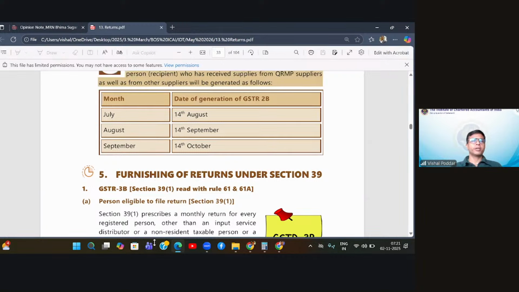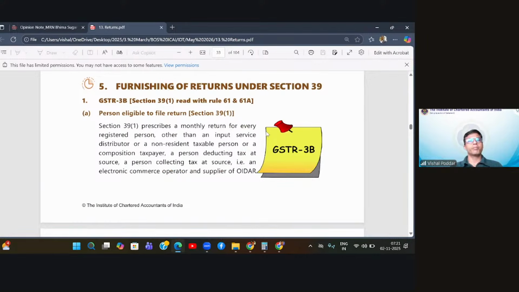Why is it getting generated on 14th? Yes, Geet, you have rightly mentioned, because the due date for QRMP is 13th plus the due date for ISD is also 13th. So in order to accommodate these two due dates, that is QRMP and ISD, which is 13th, they have kept the date as 14th. That is what is about GSTR 2A and 2B.